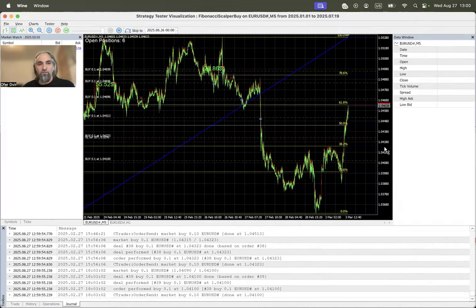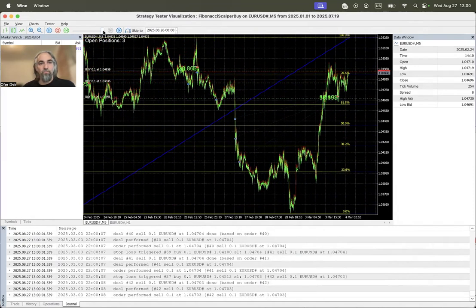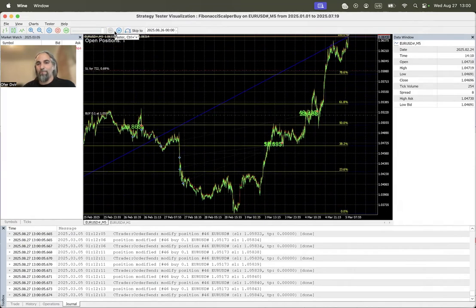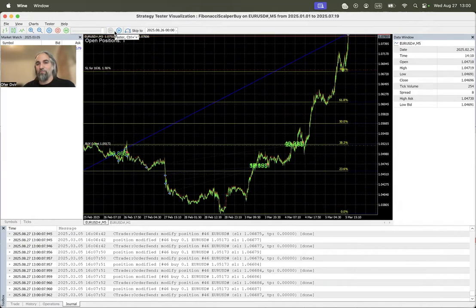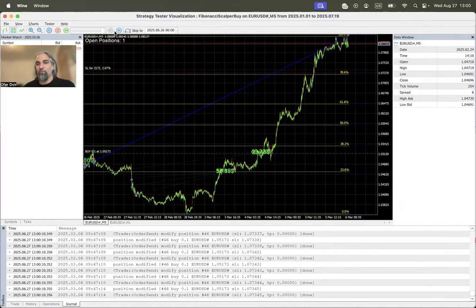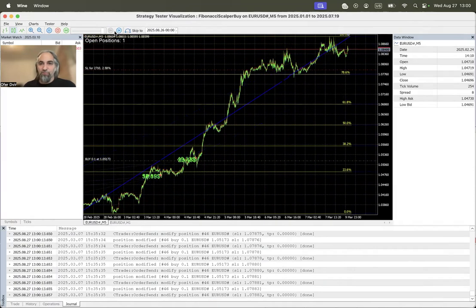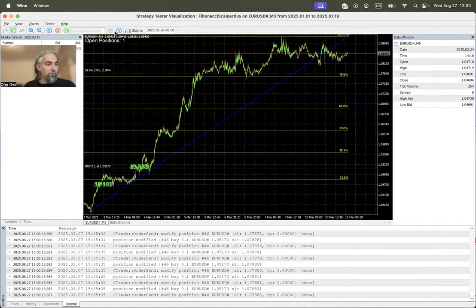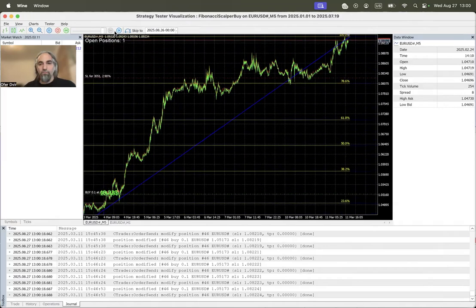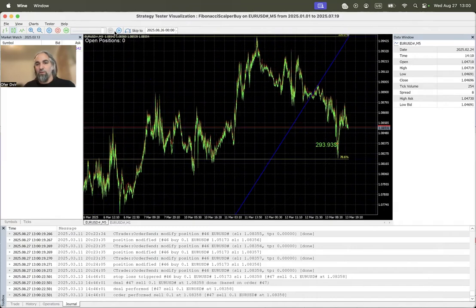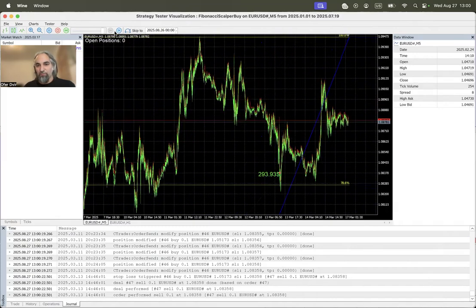There's no way to speed this up more. You can see we're on the max speed. But Fibonacci is a really strong, really strong confirmation level.